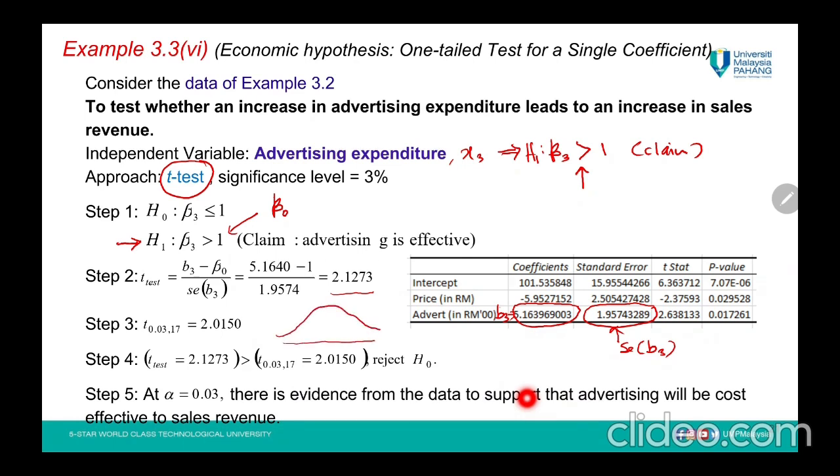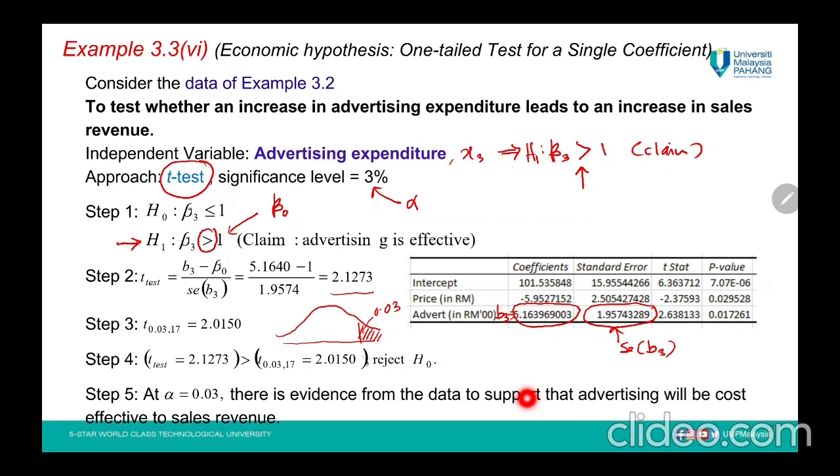Then, to determine the rejection region, we look at the inequality used in H1, that is greater than, which means this is a right tail test. So alpha given here, there is no need to divide by 2 because there is only one rejection region that lies on the right tail of the t distribution. The probability for rejection here is 0.03.